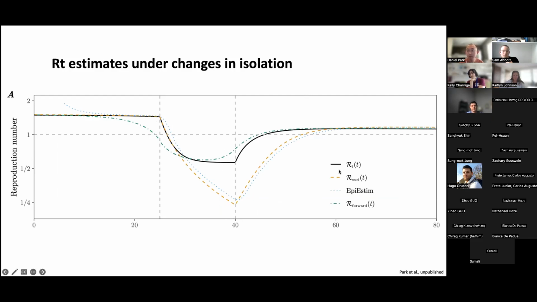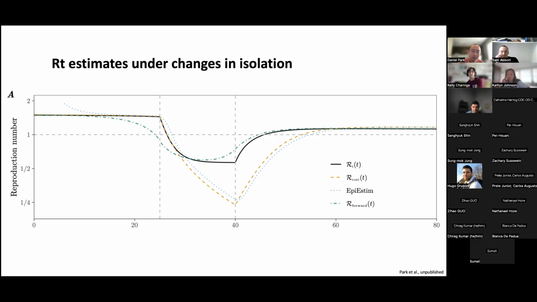But if we don't account for changes in the generation interval distribution, the orange line and blue line, our cohort and epidemic estimates, underestimate the reproduction number in this case. And interestingly, incorrectly using the R forward does allow us to capture some of the variation, even though it's incorrect.